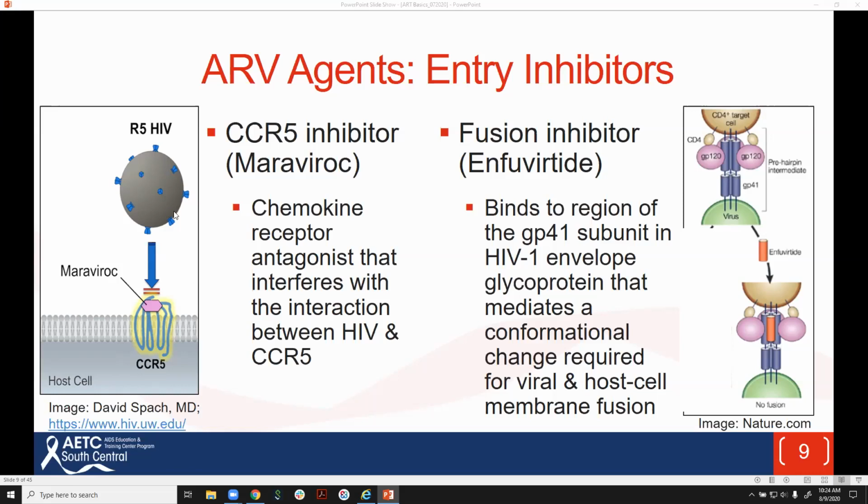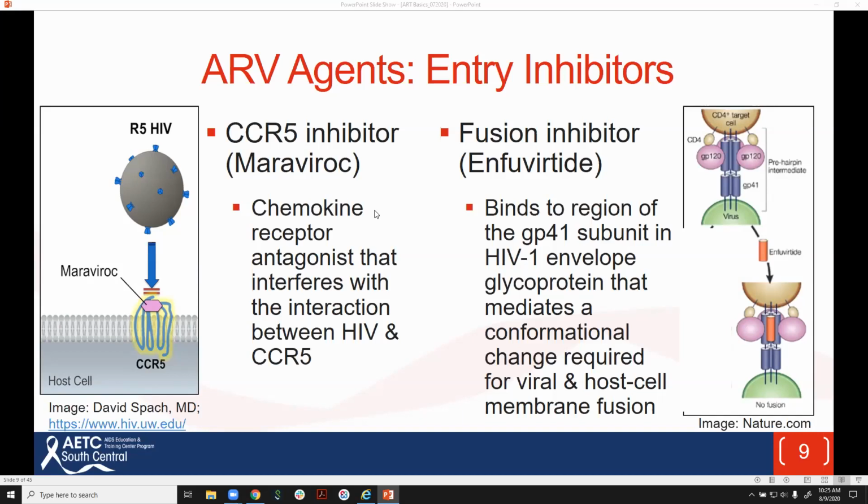And so prior to using this agent, we need to do a special test called an HIV tropism assay to determine in our patients' HIV population whether those HIV use only CCR5 or use CXCR4 or both. And so Maraviroc has activity only if the results say CCR5 tropic. Again, this agent is also at this time only recommended in treatment experienced patients who are drug resistant to other options.